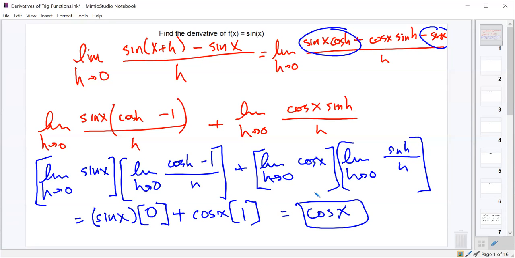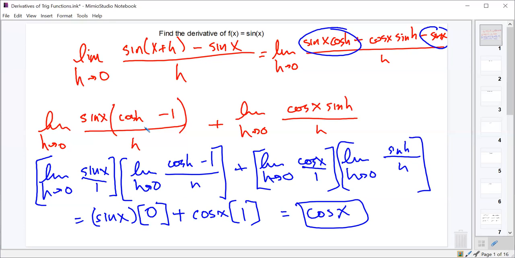Good? So when you split it up from the red pen to the blue pen, you didn't need to keep the h over both terms? Is that like a rule that I just forgot or something? That's just multiplying fractions. So this could be sine x over 1 and cosine x over 1, right? Remember, we're multiplying these together. So I can't put an h in the denominator of both of them, because then I'd end up with h squared.